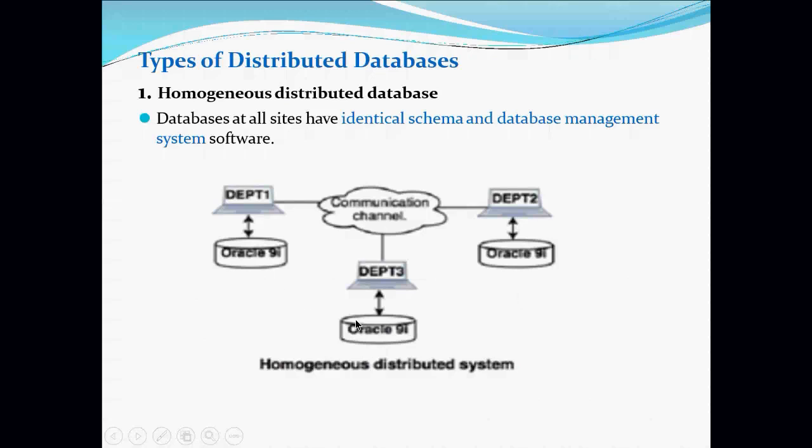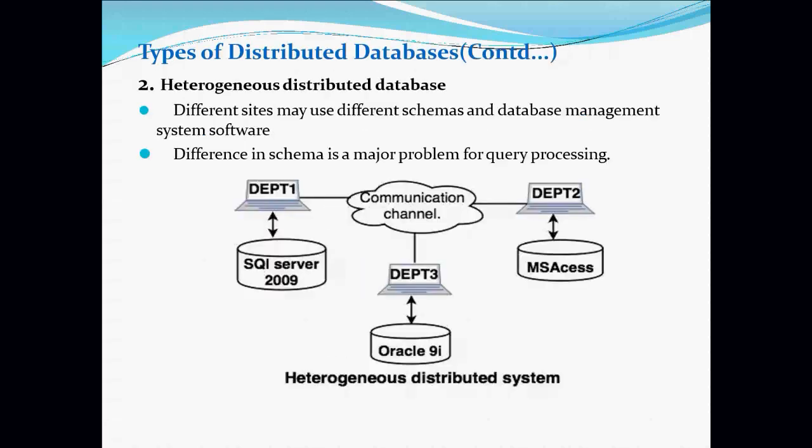Here Oracle is used for all 3 locations. That you call homogeneous. So when we use an identical schema or database management system, it is a homogeneous distributed database. If it is heterogeneous, we can have our own database management system for each location. Here Oracle is used, in this location it is MS Access, and here it is SQL Server.